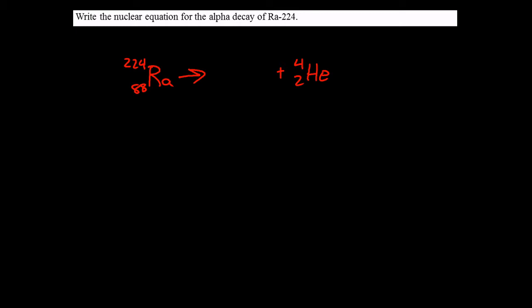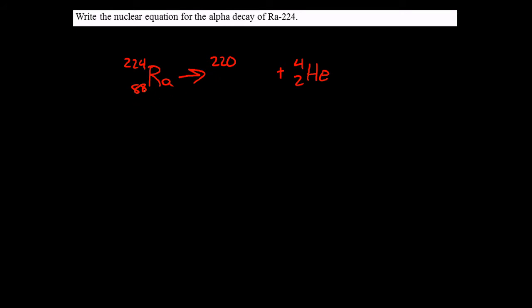So we already know one of the products, and to figure out what the other product is, it's just simple subtraction. If we started with 224, we lost 4 of it to the helium here, then that means the other product has to have 220 as its mass number.